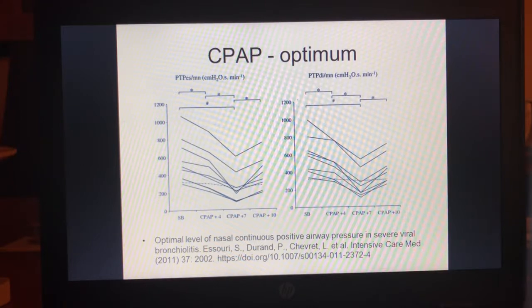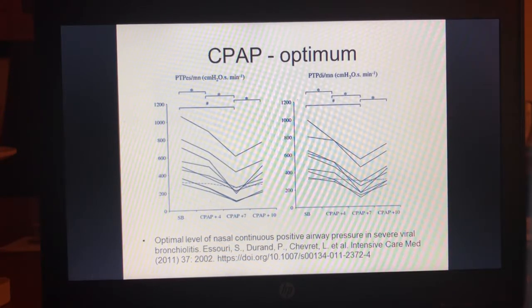And the right-hand graph shows the work of the diaphragm. So PT-PDI is the pressure time product for the diaphragm, so how much work the diaphragm is doing per minute. And you can see a similar set of lines to the left-hand graph, which is a reduction in the work of breathing of the diaphragm from spontaneous breathing to when you add in 4 centimeters of water pressure, and even further fall when you add in 7 centimeters of water pressure.